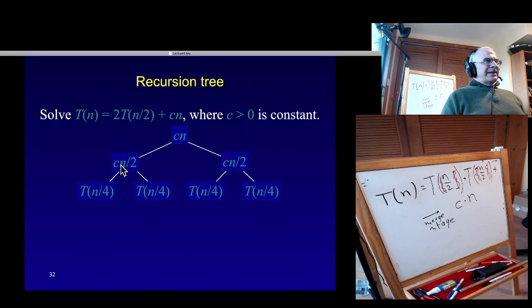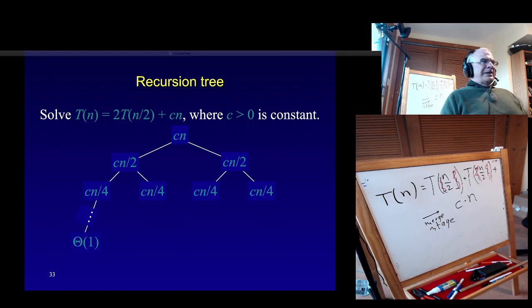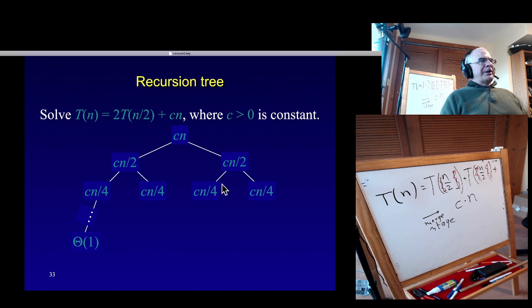T of n half is nothing but the same constant times the merge of just the left part, which is c of n half, plus the merge part of the right part, which is c of n half, because that's how many points it has, plus the recursive call T of n over 4 in each subpolygon, etc., which in the same way of visualization consists of c of n quarter in each quarter of a polygon, and so on, and you continue with this tree.